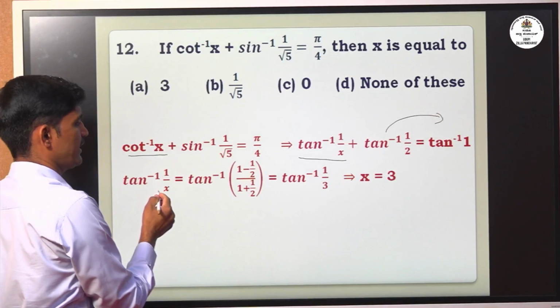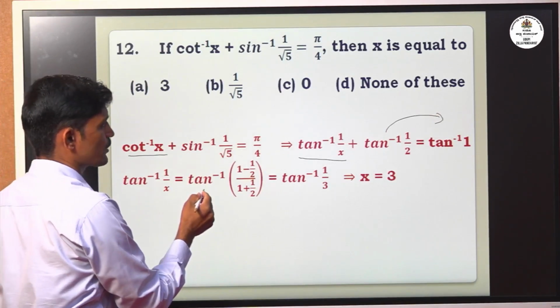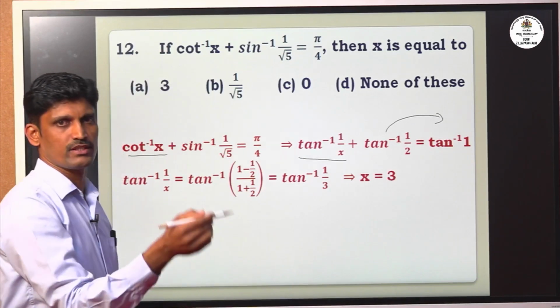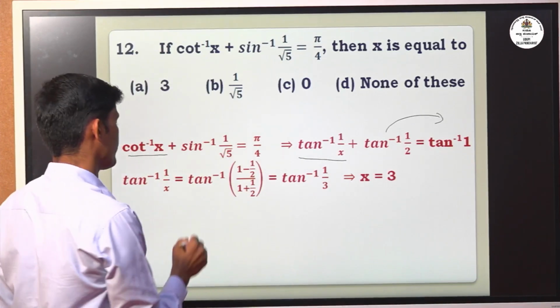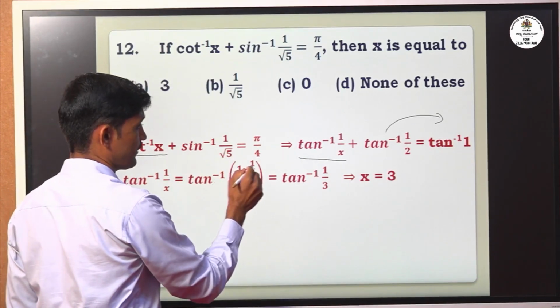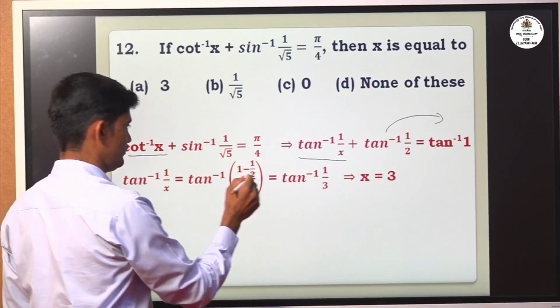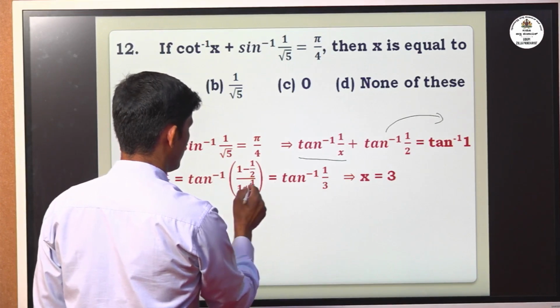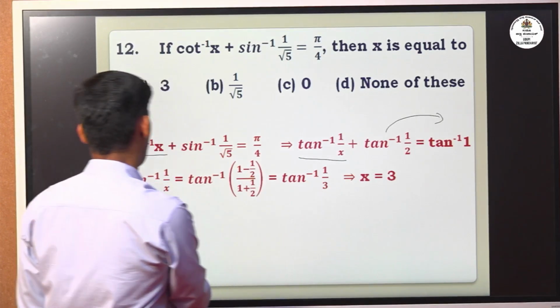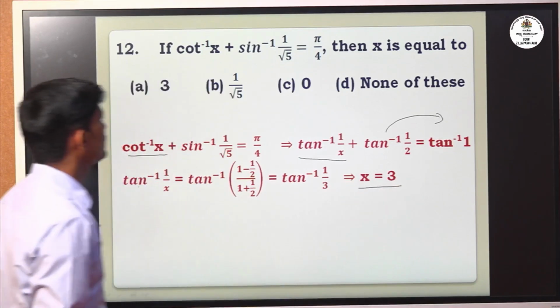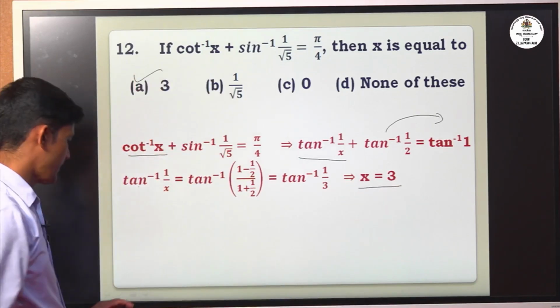Tan inverse 1 by x is equal to tan inverse 1 minus tan inverse 1 by 2. Formula: tan inverse x minus tan inverse y is equal to tan inverse of x minus y divided by 1 plus x into y. It is 2 minus 1, and 1 by 2 plus 1 is 3. Therefore, tan inverse of 1 by x equals tan inverse of 1 by 3, which implies x is equal to 3. That is option A.